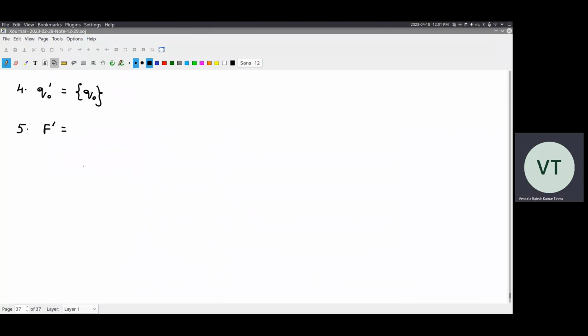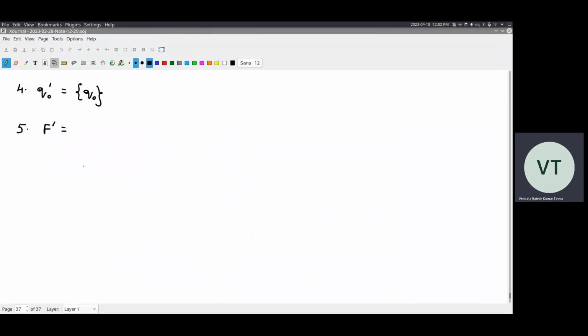Yes. So both are different statements. All the final states of the NFA are, yeah, final state elements. Should all the elements be present?